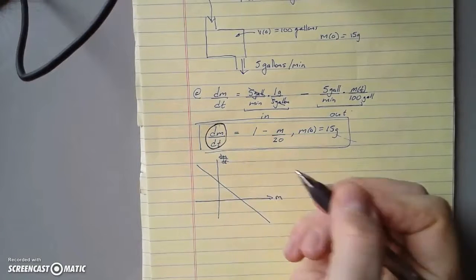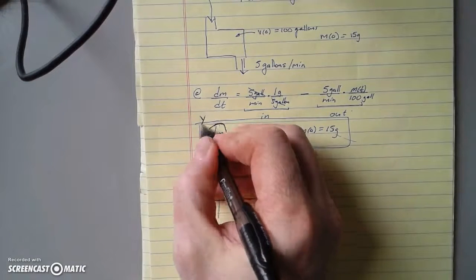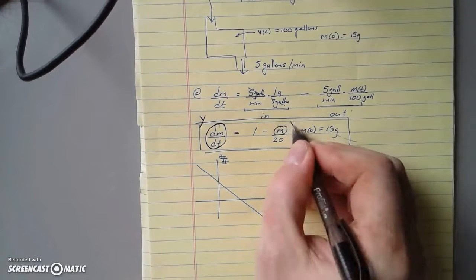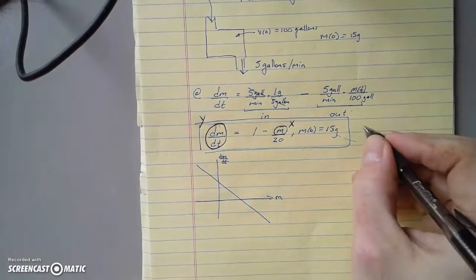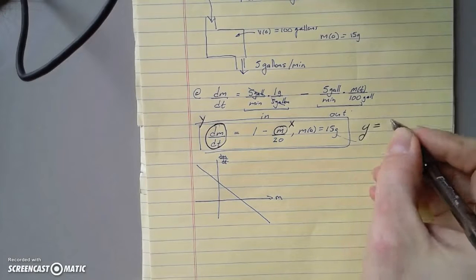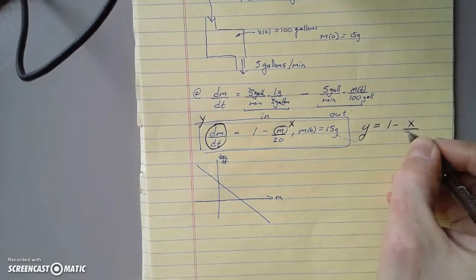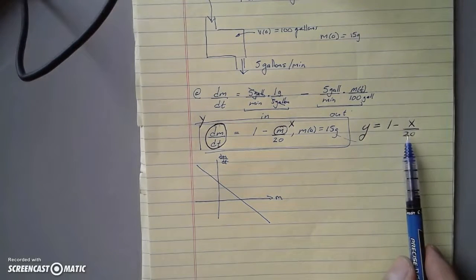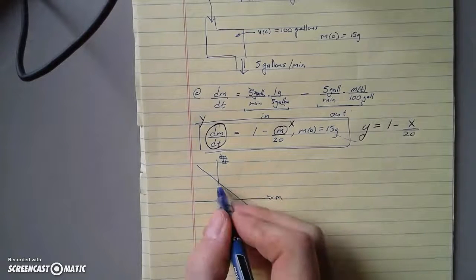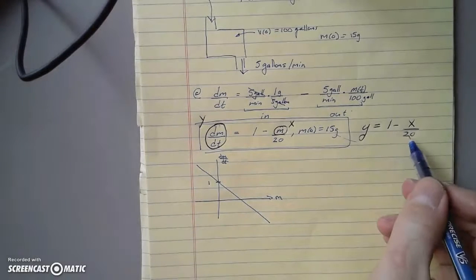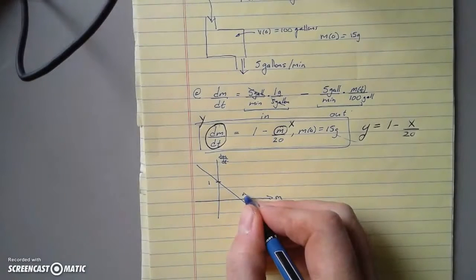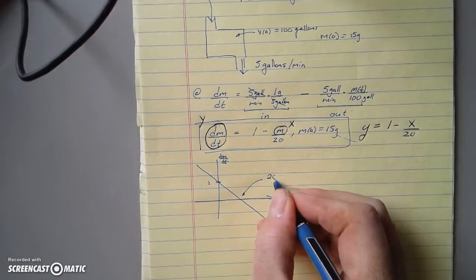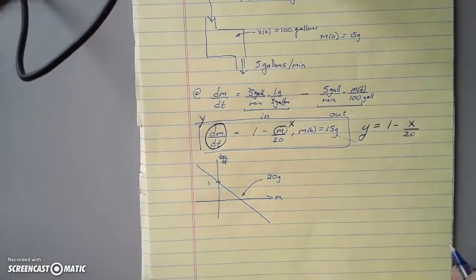You can think of this as your output, y, and this as your input, x. If I asked everyone in the class to graph y equals 1 minus x over 20, I'm sure everyone can graph a line with a y-intercept of 1 and a slope of minus 1 over 20. Where does it cross the horizontal axis? It crosses at 20 grams.